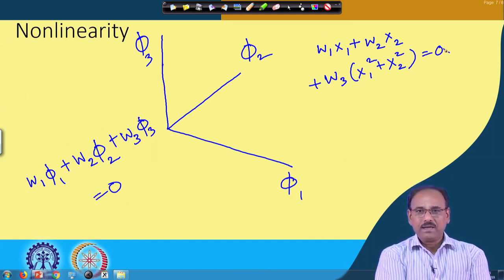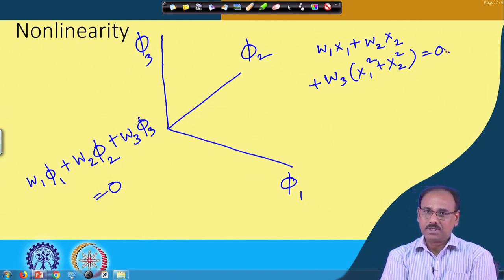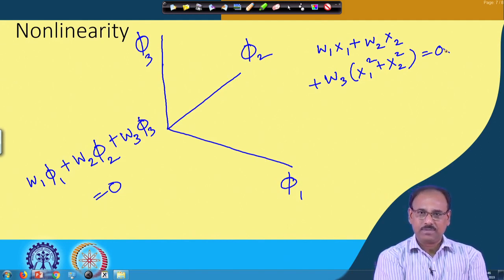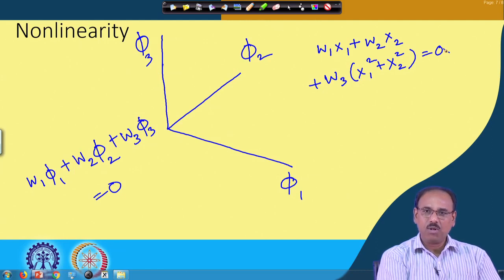Now, I can have a dual interpretation of this equation. If I consider this equation where my variables are x1 and x2, the equation is a nonlinear equation, right. Whereas, while training, I am given the training vectors. That means, for all those training vectors x1, x2 are fixed.